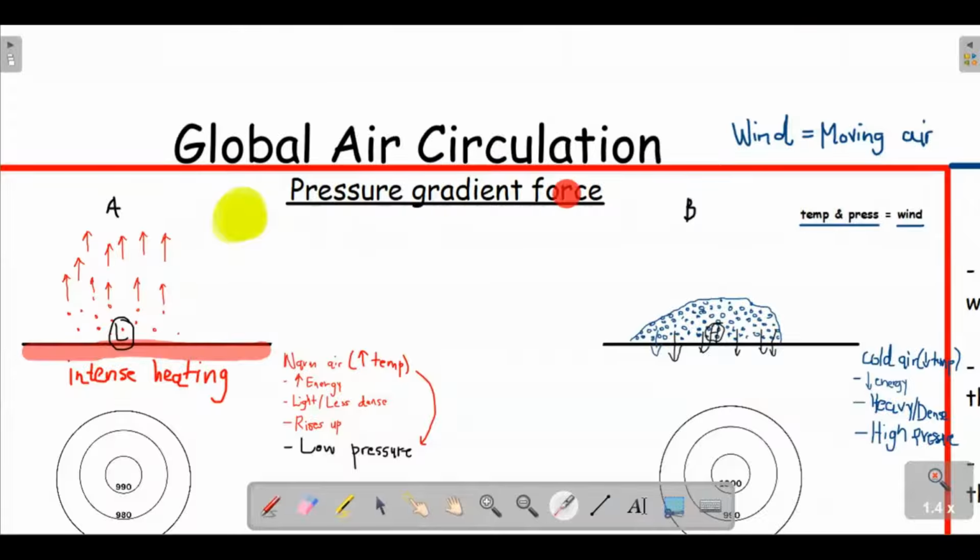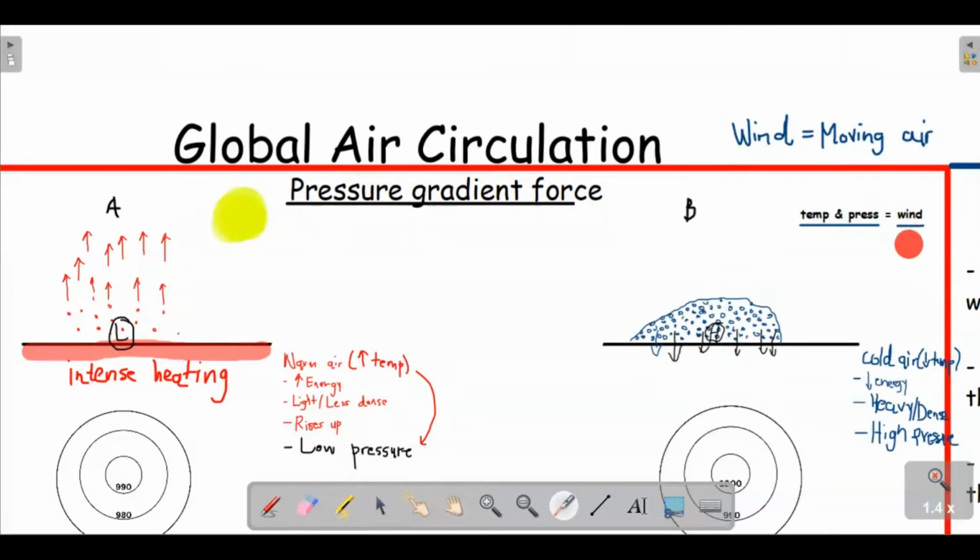Whenever there's a difference in pressure, guys, this force will start acting upon air and will push air from an area of high pressure towards an area of low pressure. So that is the pressure gradient force. It is a force that exists when you have pressure differences, and that pushes air from an area of high pressure to an area of low pressure. Okay, and therefore causing wind.